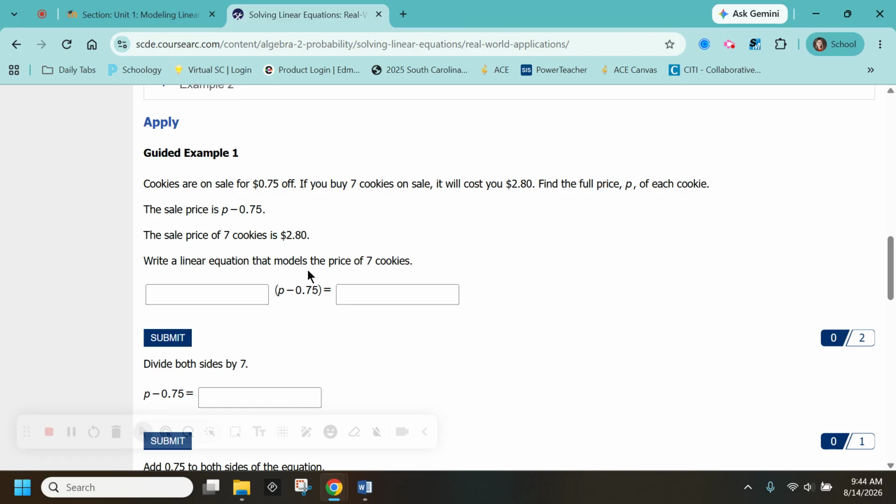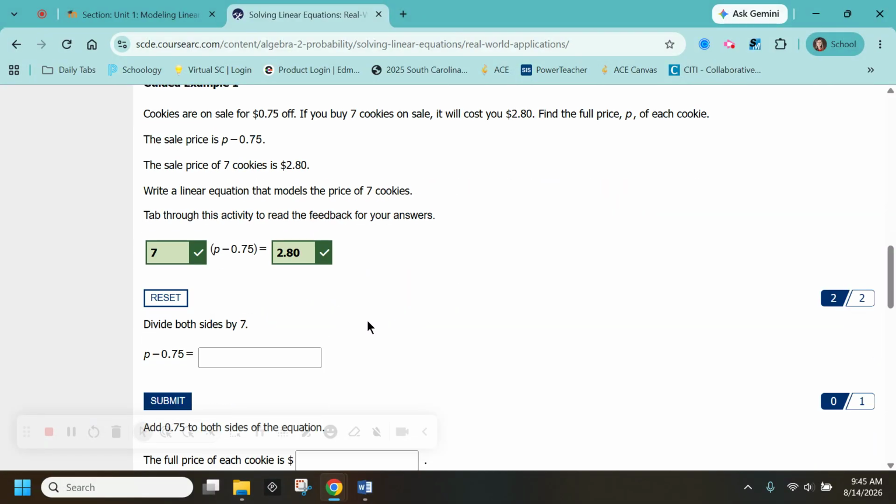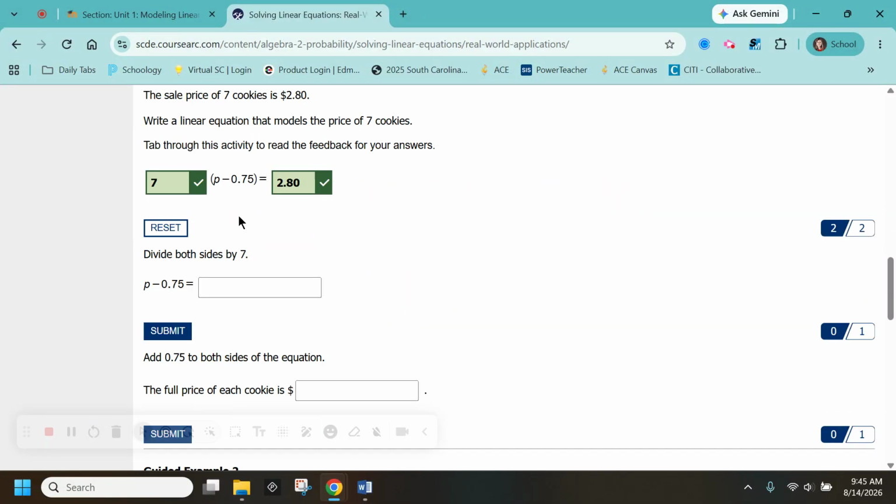Write a linear equation that models the price of 7 cookies. So we know that the total price is $2.80, so I'm going to put $2.80 on this side. And then they've already included the P minus 0.75, so that's the price with the 75 cents off, and I want to know the price of 7 cookies. And so we can model it by this function.